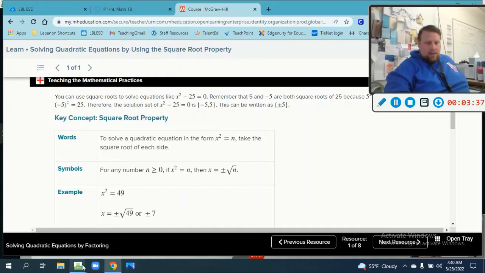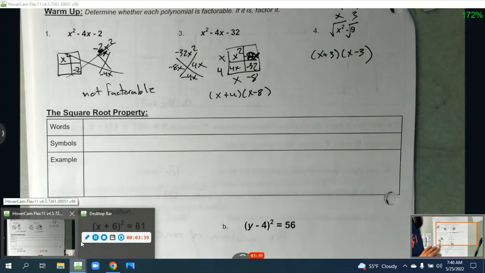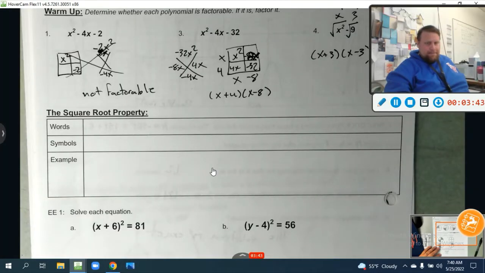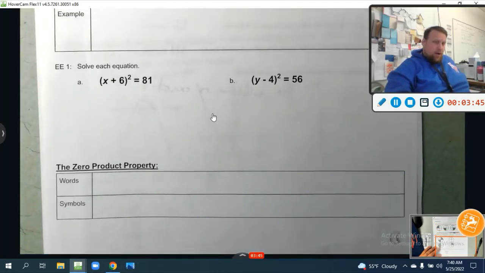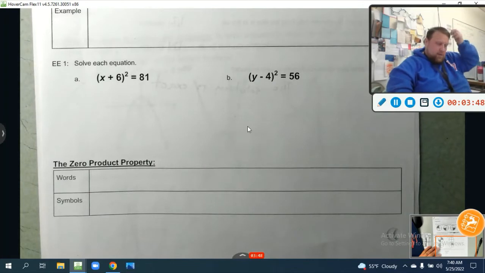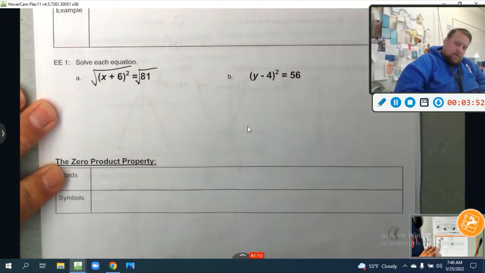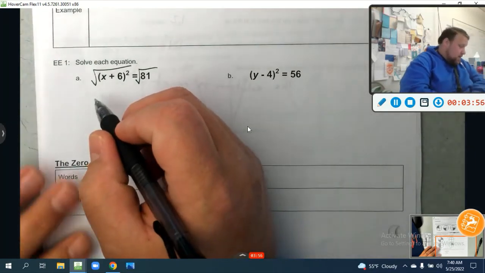All right, let's go back to our work. By the way, pause as need be, and then we'll go back to our work. Okay. So I have x plus 6 squared equals 81. Well, again, let's square root both sides. Now, when I do that, I'm going to get two things at one time.